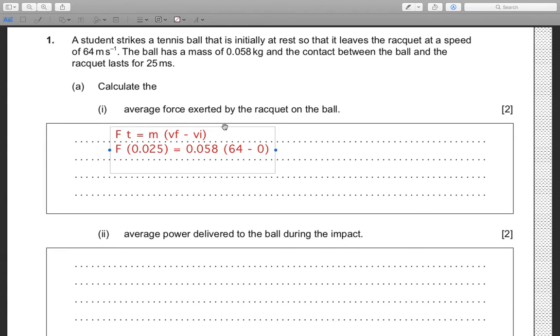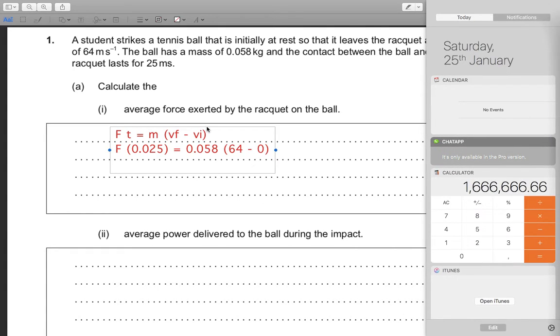So if we calculate, 0.058 times 64 equals 3.712, and divided by 0.025, this is equal to 148.48.